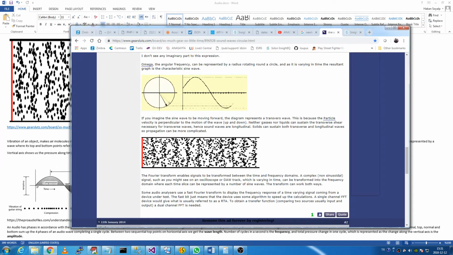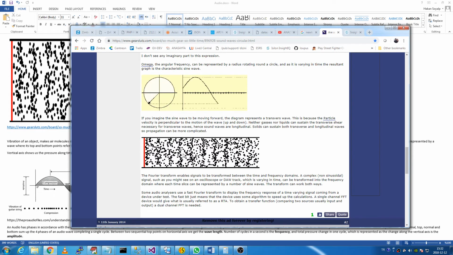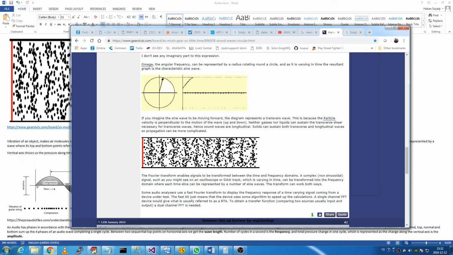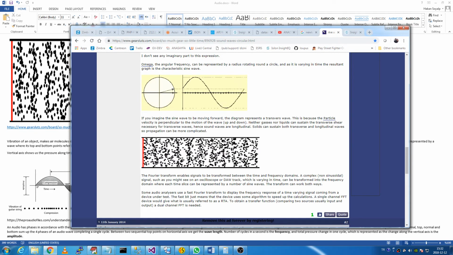When some object moves, it makes the air molecules move, and these air molecules become condensed and rare in terms of time. Rare, condense, rare, condense, and transmitting energy in the air.